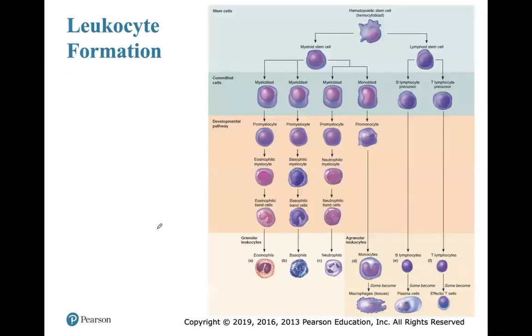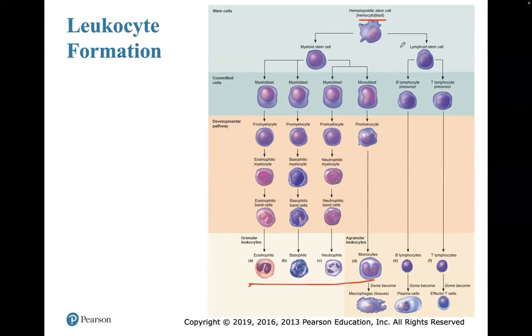Again, we have this cell called hematocytoblast, which is the mother cell of all the blood cells. It divides into two lines. The myeloid stem cell goes through different series of divisions and development. Finally, they produce eosinophil, basophil, neutrophil, and monocyte, all 4 types of WBC. Monocyte later becomes macrophage when needed.